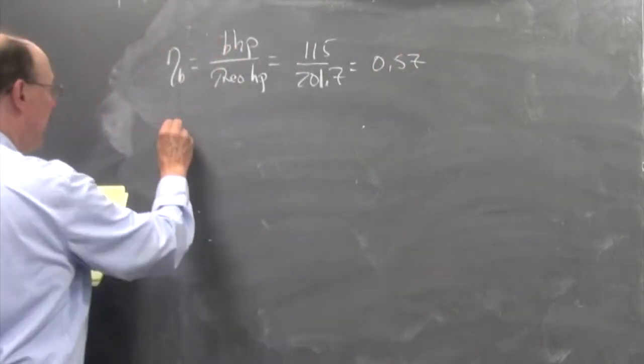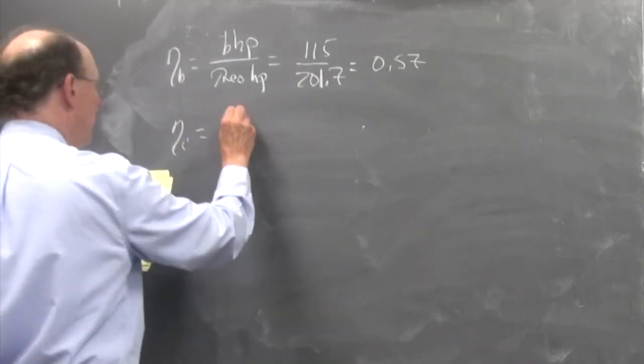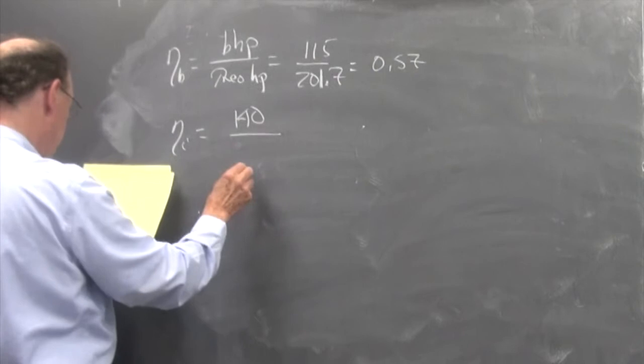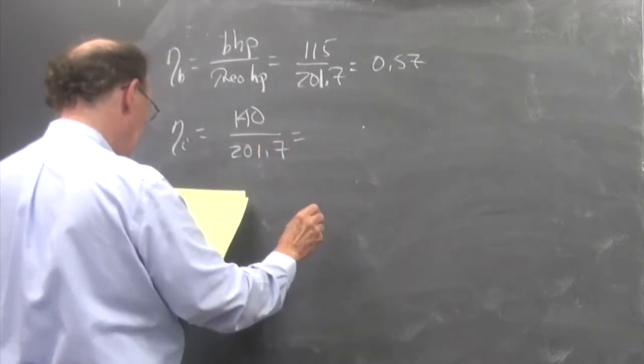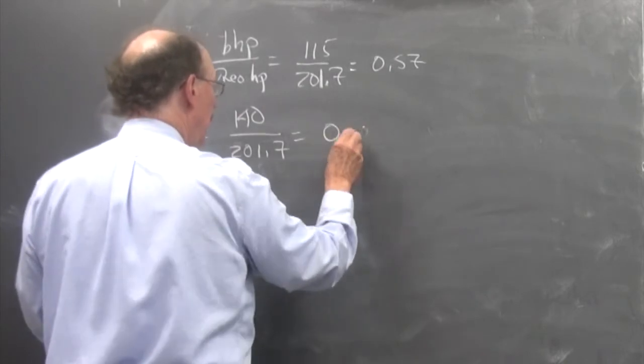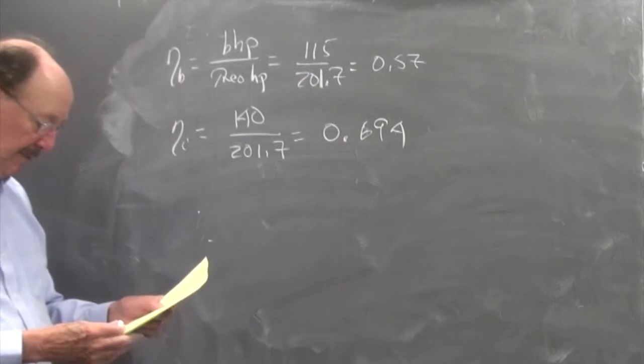And the indicated value is 140, the indicated horsepower, over 201.7. And that gives me 0.694. So I have that.